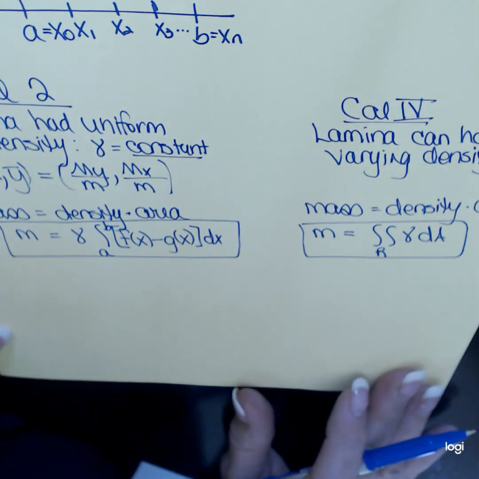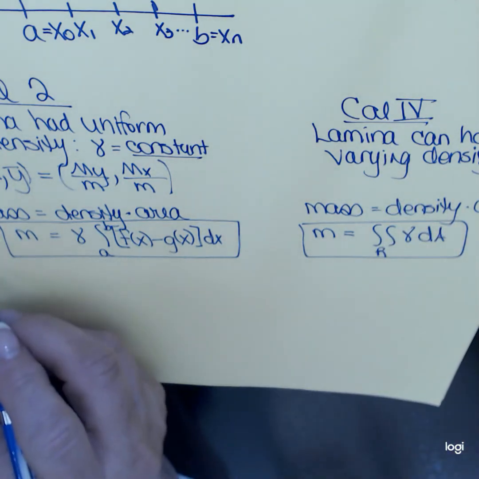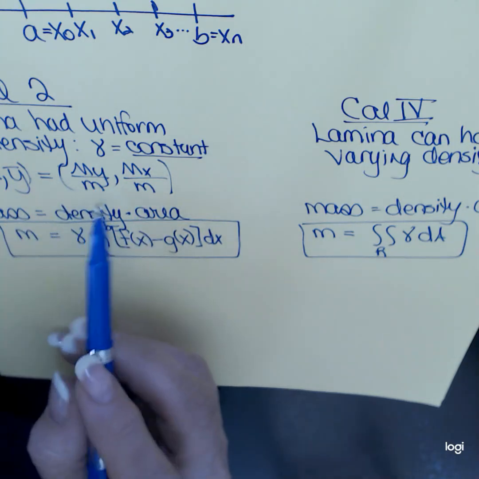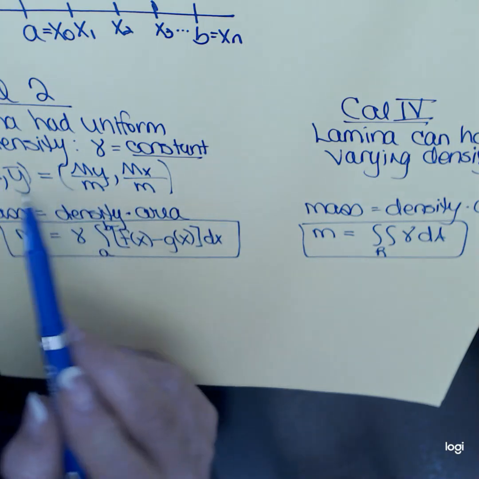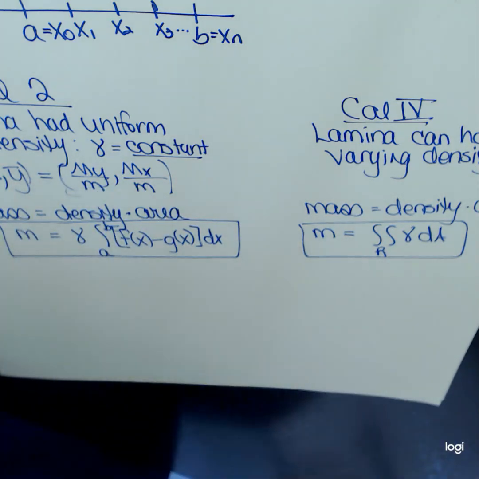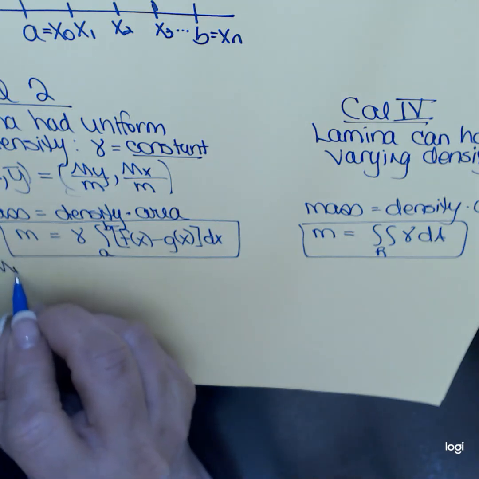Let's look at some other differences between what we learned in Cal 2 and what we learned in Cal 4. Going back over to the Cal 2 side, there were 3 calculations that we had to make in order to determine the center of mass. They were the mass of the system, and we've defined that for both. We also needed the moment about the y-axis.